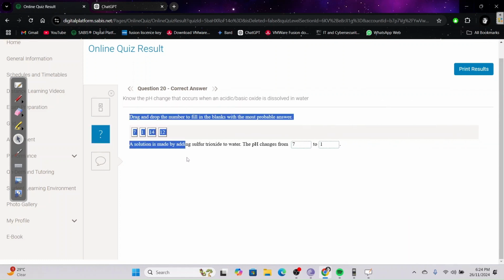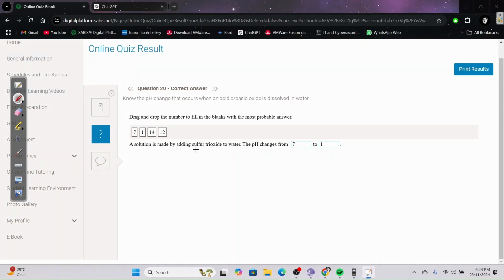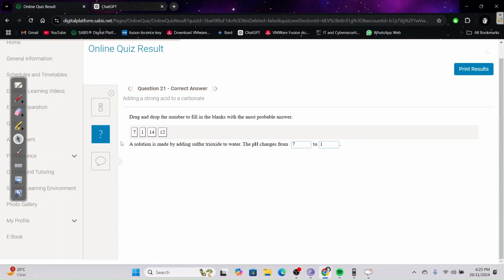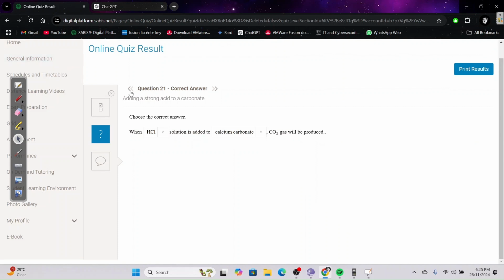A salt solution is made by adding sulfur trioxide to water. Keep in mind, this is adding sulfur trioxide to water, so it's originally 7 and changes to 1. Not water to sulfur trioxide. Keep that in mind, because this is probably going to confuse people. This is the same question. I think it's not sodium. Yeah, okay, whatever. Oh, there it is.